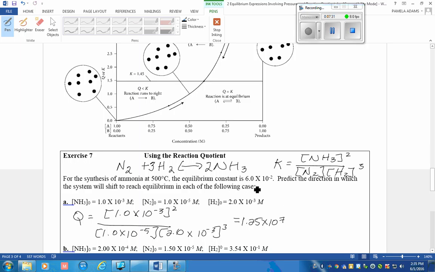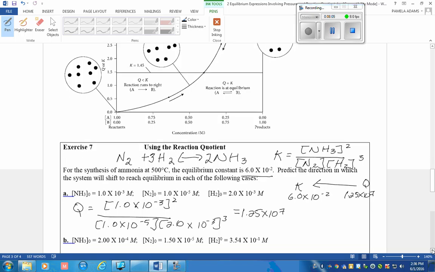The equilibrium constant for this is 6.0 times 10 to the negative 2nd. So K would be here, while Q would be way out here. What that means is that in order for these concentrations to be equilibrium concentrations, the reverse reaction must predominate. So it must move to the left, towards the reactants. We need to make more reactants.